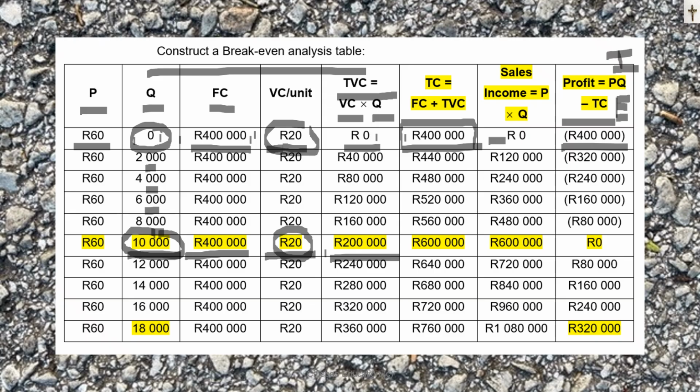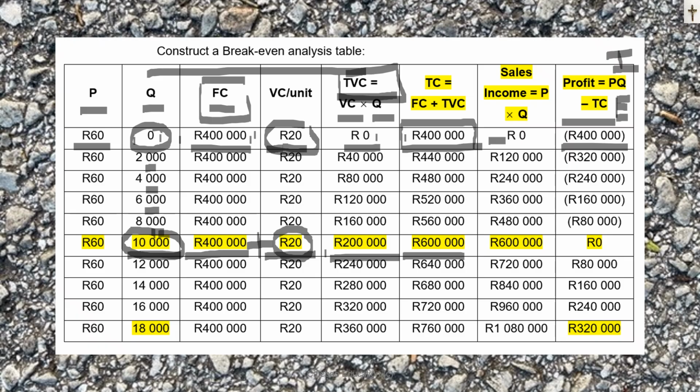The total cost is 400,000 plus the 200,000. So total cost is fixed cost plus total variable cost. You're going to have to pay careful attention. If you watch this video again, I suggest you put your earphones on and you'll be able to focus and concentrate really well.